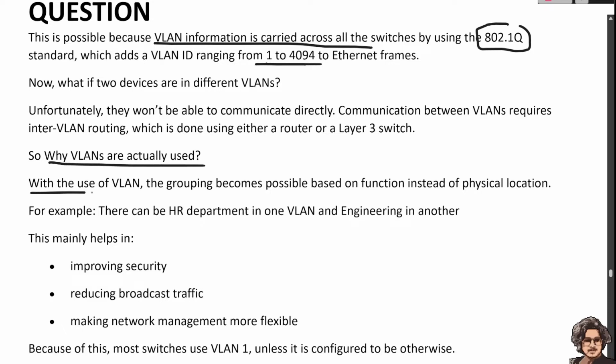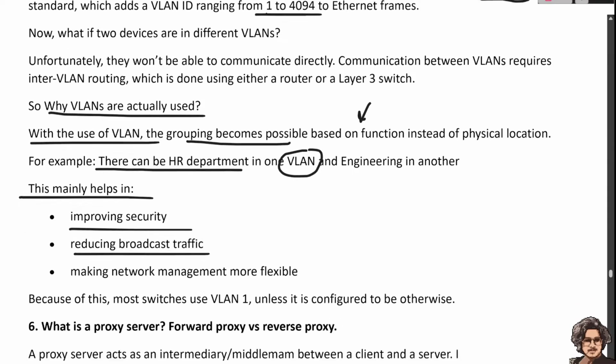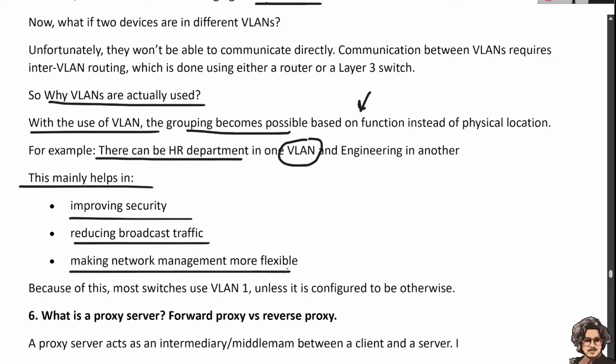With VLAN, grouping becomes possible based on function instead of physical location. For example, there can be an HR department in one VLAN and engineering in another. This mainly helps to improve security, reduce broadcast traffic, and make the network manageable and more flexible.